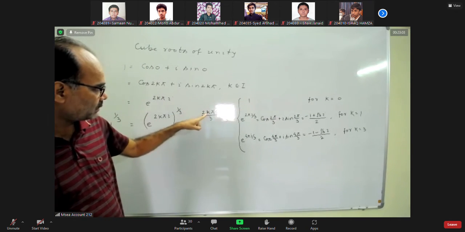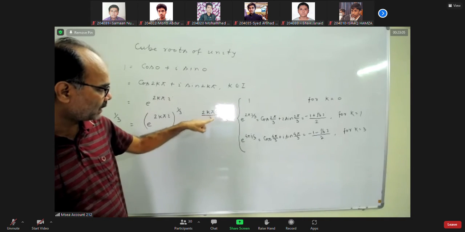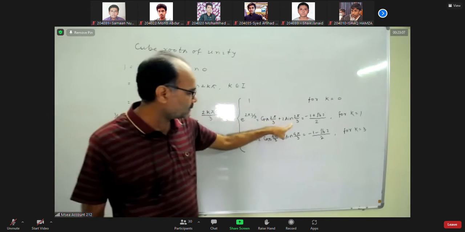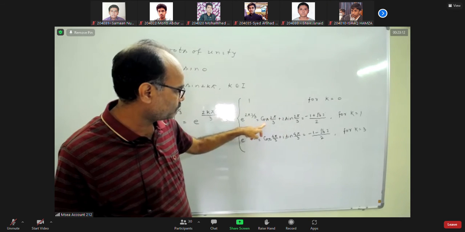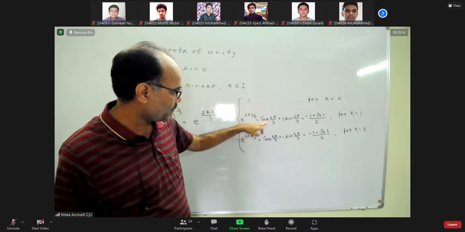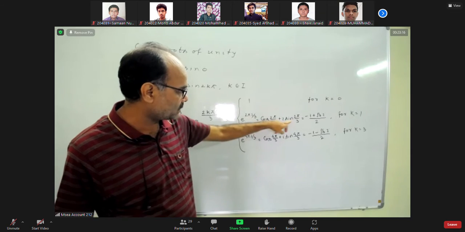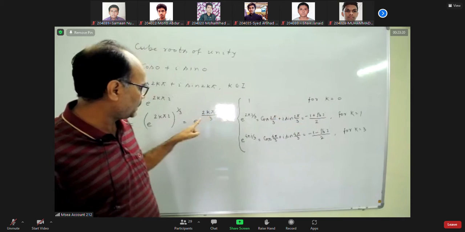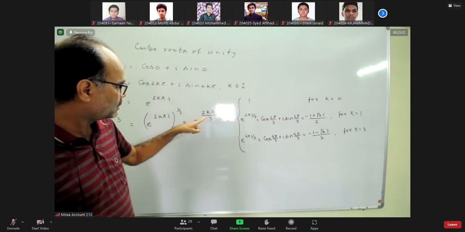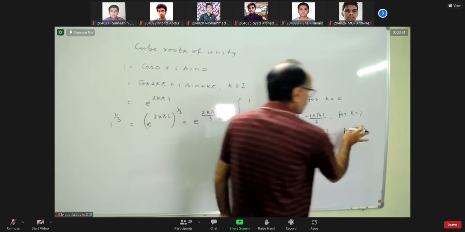For k equal to 1, it becomes e to the power 2 pi i by 3. That is this. If you put the value of theta, cos 2 pi by 3 plus i sin 2 pi by 3, we get this. Now, if you put k equal to 3 here, not k equal to 3, k equal to 2.